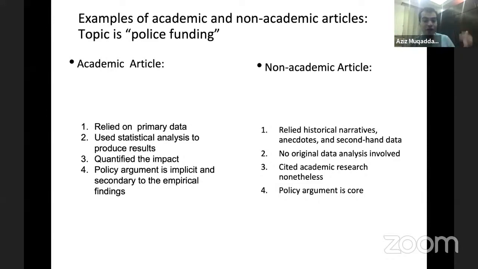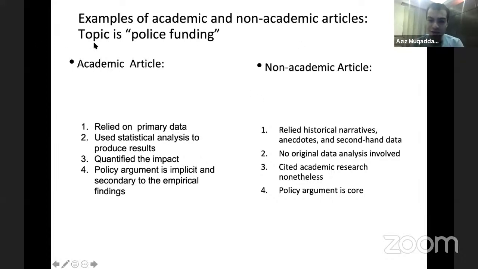The policy arguments could be implicit. Implicitly, yes, it could very well be that the authors are for increasing the minimum wage, but that's not stated explicitly. They're just trying to show you the analysis they've done, and from that you can start arguing about this position.